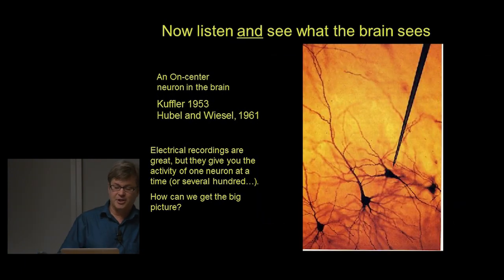So let me go to the next picture, which is from David Hubel's book in the 1980s, illustrating this great technique of microelectrode recording. And now that you have a sense of the scale of neurons, you can interpret this picture here.